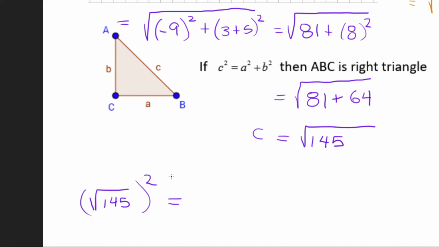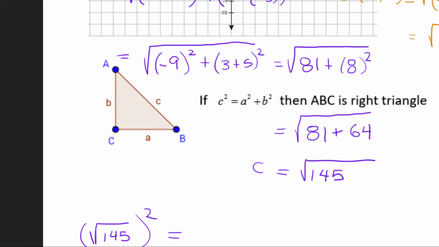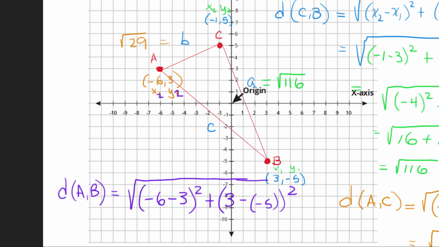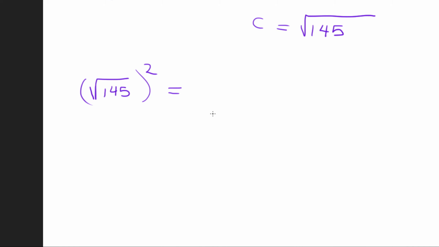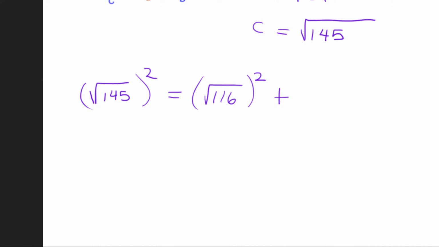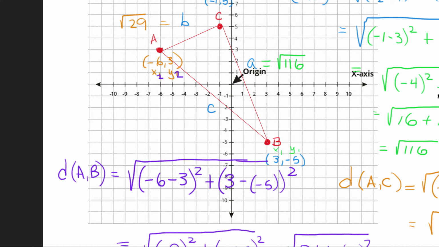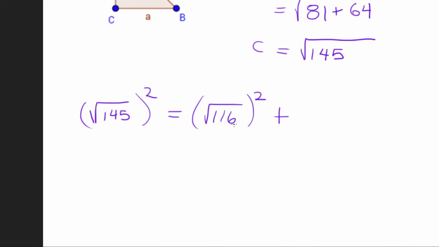And that must be equal to A squared. Well, let's go back to see what's A. A is the square root of 116. So, square root of 116 squared plus B squared. B is the square root of 29. So the square root of 29 squared.